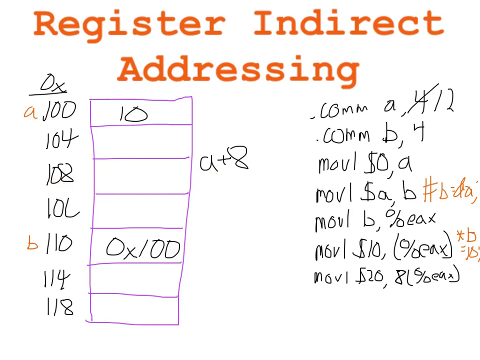If we wanted to use a pointer to our array, namely B, we could move the starting address of our array, which is defined within our pointer, into a register, and then add an offset to that address before we dereference it. So this is address 100 in the A register, plus 8, that's 108, then dereference that, which means go to address 108, which is here, and then write 20 in there.